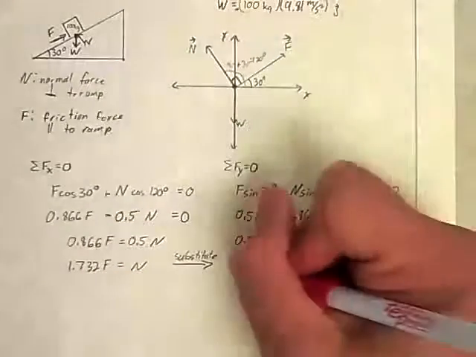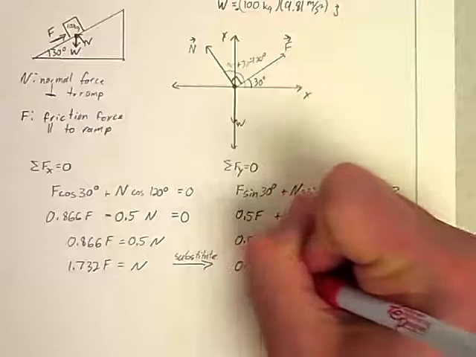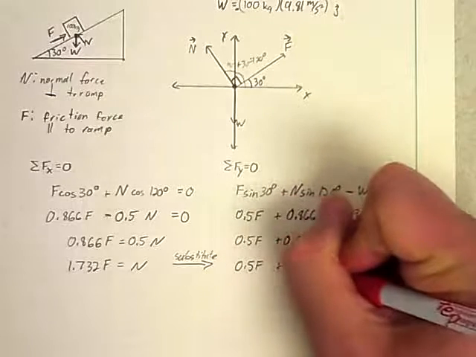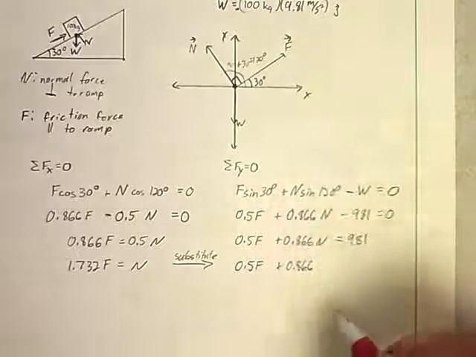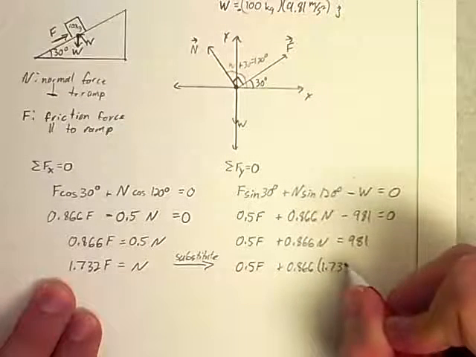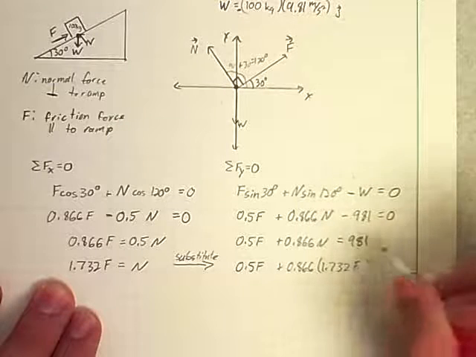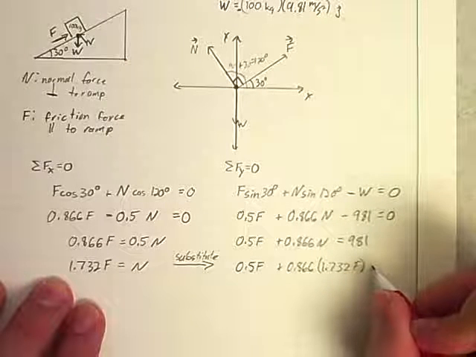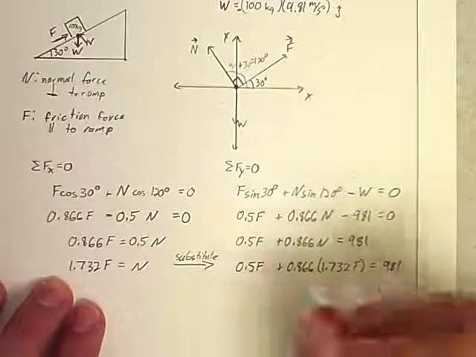So now 0.5 times F plus 0.866 times, instead of N, 1.732 times F, equals 981.